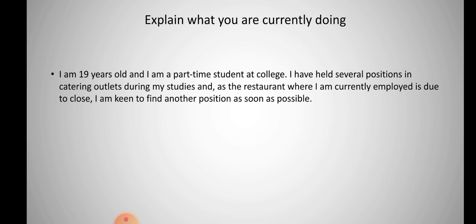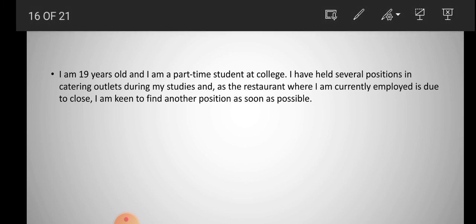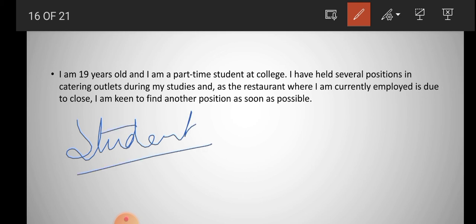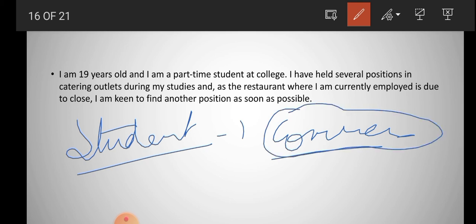If you are writing that you are a student and looking for a job, then you need to explain what you are doing as a student. If you say you are a student of commerce and give qualifications related to commerce, do you think this degree has any relation with the job of a waiter or waitress?